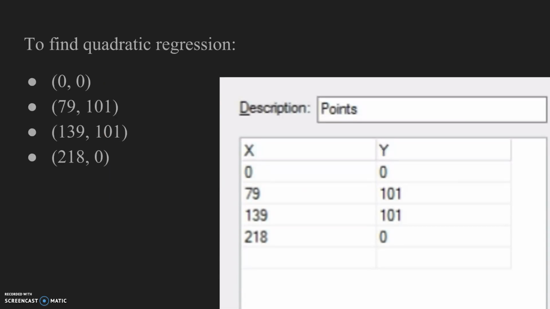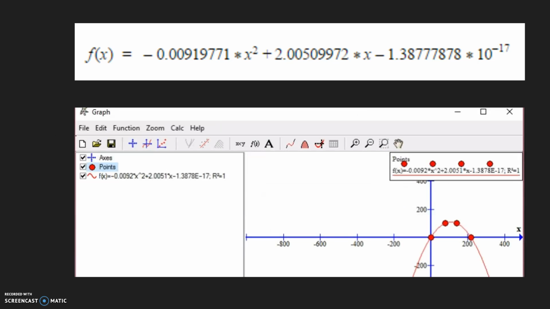So in order to find the quadratic regression, I used the graphing program, which allows you to enter various points, and the program will generate the quadratic regression equation for you. To do this, I simply inputted the 4 points and came out with this equation.